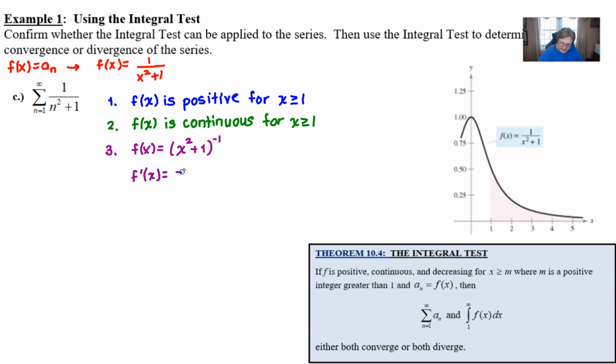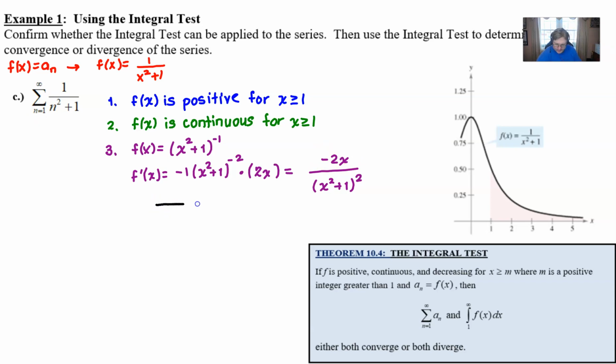Well, this derivative is going to be negative 1 times the quantity x squared plus 1 to the negative 2 power, and then we multiply by the 2x, and if we simplify, we get negative 2x on top, (x squared plus 1) squared on the bottom. I think it's probably pretty clear to you that the critical number is going to be 0 from the top, which doesn't even come into play.